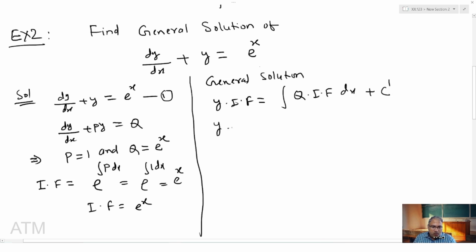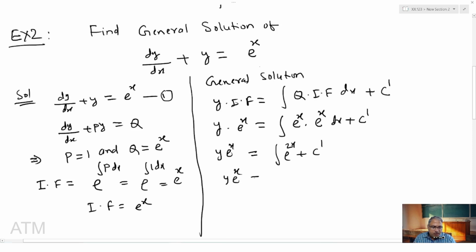Now y into integrating factor, that is e raised to x, equals q, nothing but e raised to x, and in this question the integrating factor is also e raised to x, with respect to x plus c dash. So y into e raised to x equals e raised to 2x plus c dash. The integration of e raised to 2x is nothing but e raised to 2x upon 2 plus c dash.